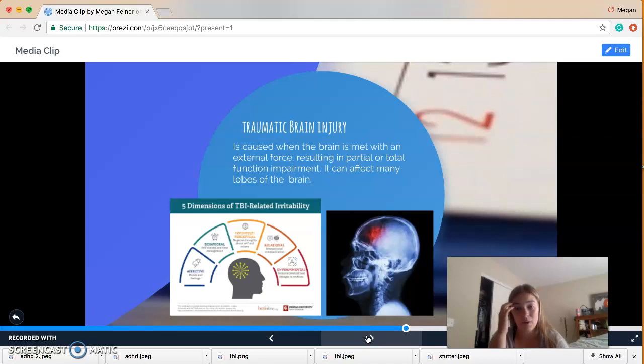Depending upon where in the brain it's affected, it can really affect how they interact with others, as well as their ability to learn within the classroom, because oftentimes, even concussions, for example, do set back the learning abilities of a student or even an adult.